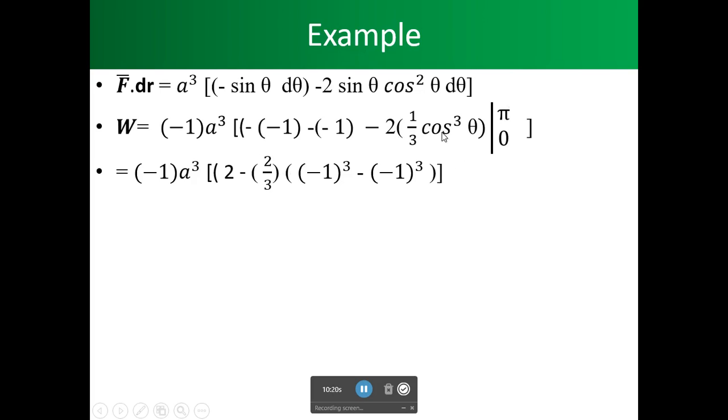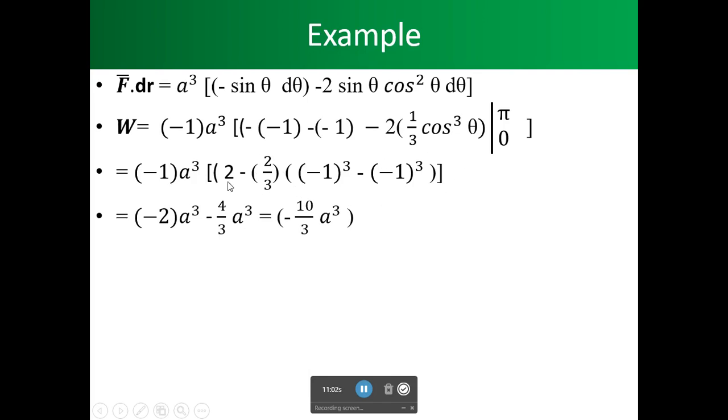So for pi, cosine is minus 1, but it's cubed. And then the cosine of 0, and since you're subtracting it, it's a minus 1, so you've got that cubed. And so you have a minus 2 that you're pulling out, and this is that constant we were talking about earlier.